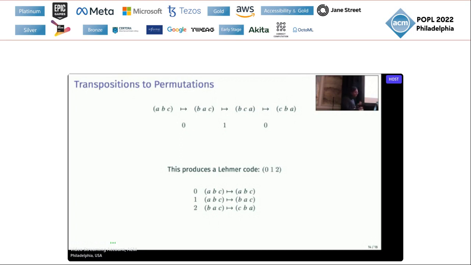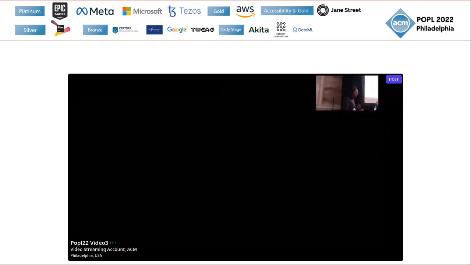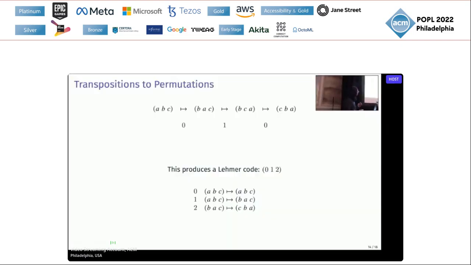Well, 0, so don't do anything. Then we hit B, so how many inversions on B? We have to do 1. So there's only one thing which is smaller than B, so we move B one position left, and then two inversions on C, which means move C 2 positions left. So this is the trick which lets us get back to producing a permutation.